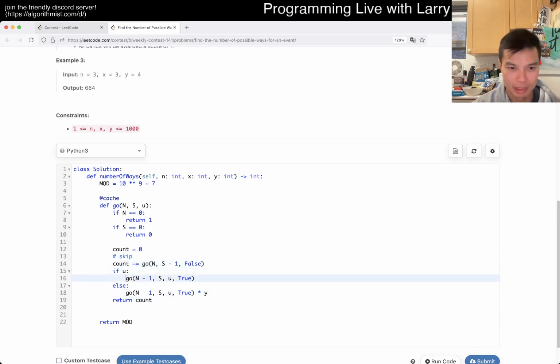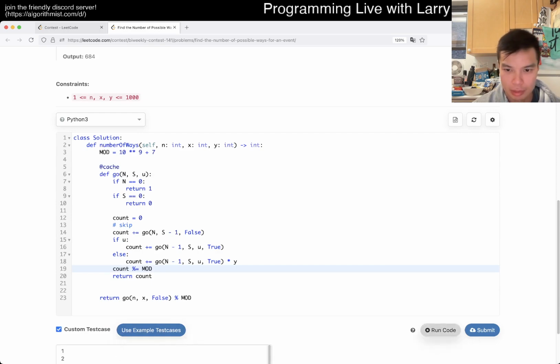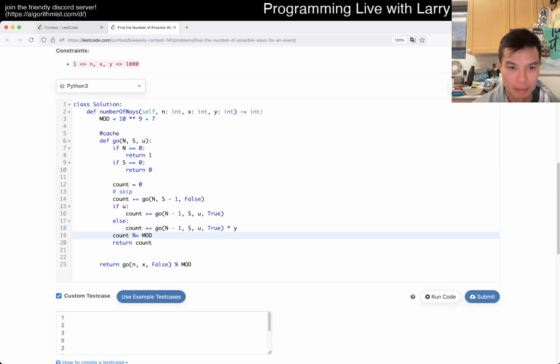I know I'm not doing mod yet. Actually, I should do mod already. What is Y? Y is 1,000. We could mod it. Something like this. Takes 3 position. Did I mess up one of them?